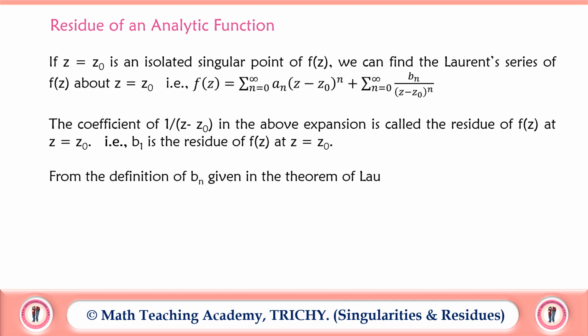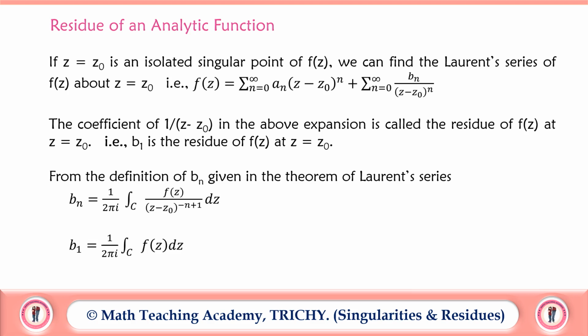From the definition of bn given in the theorem of Laurent series, we have bn is equal to 1 by 2 pi i integral over c f of z by (z minus z naught) whole power minus n plus 1 into dz. Here if we put n is equal to 1, then we get b1 is equal to 1 by 2 pi i integral over c f of z into dz.